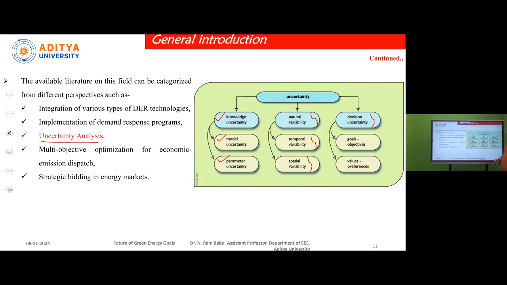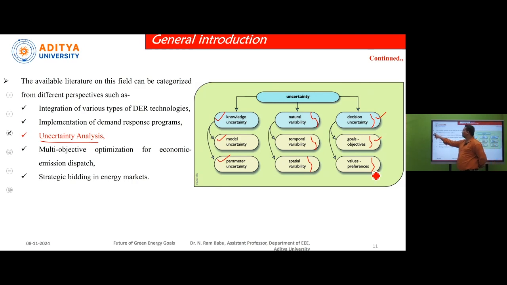Decision uncertainty means all of a sudden we need to take some decision, but we didn't take it, or by mistake we chose another option. And the next one is goal objective. Our main goal is to earn more profits from the grid, one of the major goals of the VPP, virtual power plant. And the next one is values and preferences. So these are some of the uncertainties.